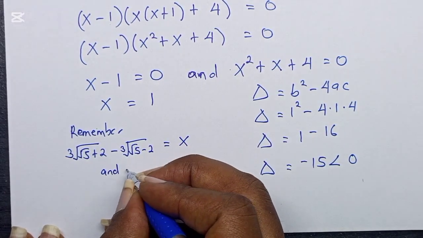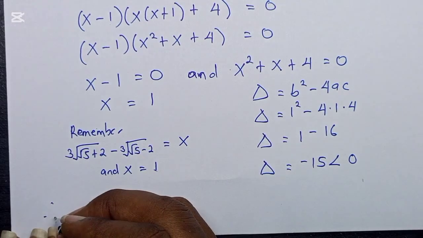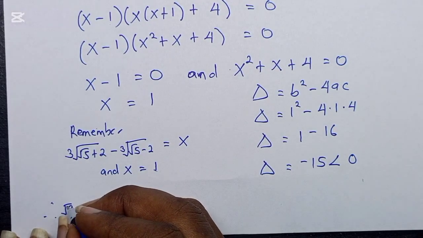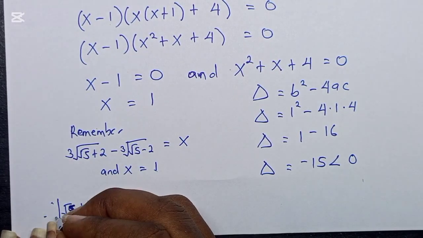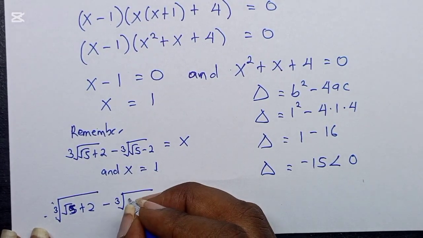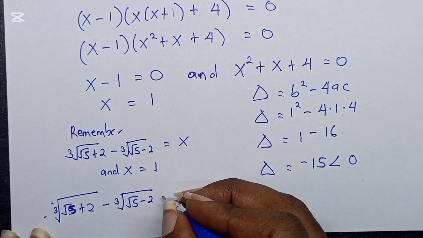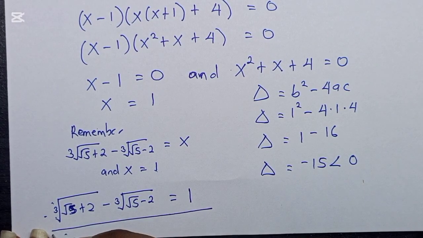And we found that x is 1 here. That implies that the cube root of root 5 plus 2 minus the cube root of root 5 minus 2 is equal to 1. So this is our solution.